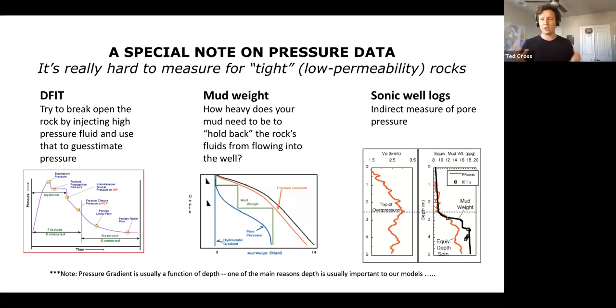And that's an indirect measure, but it's a measure of the pore pressure, because essentially if all the fluids in the pores are pressing open on the rock from within, stuff will travel very slowly through that, compared to if the rock is allowed to stay solidified.